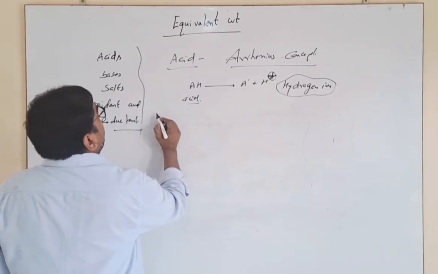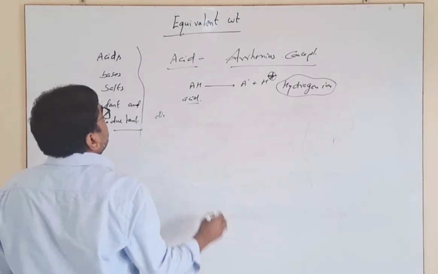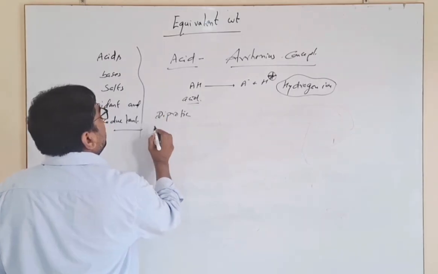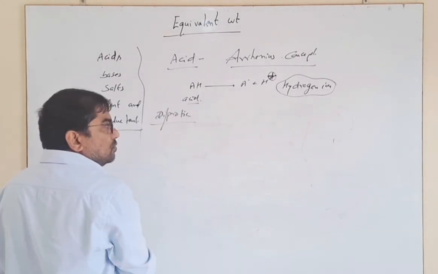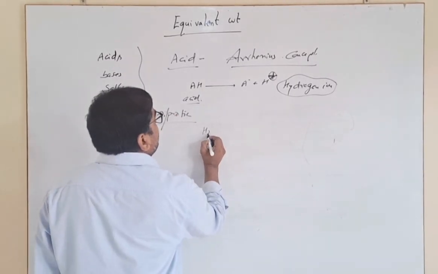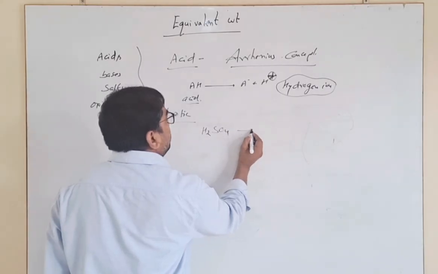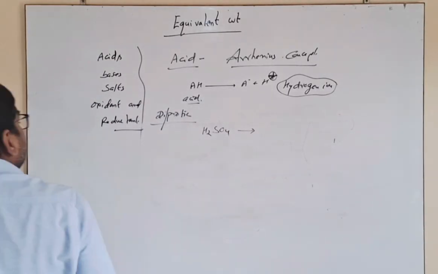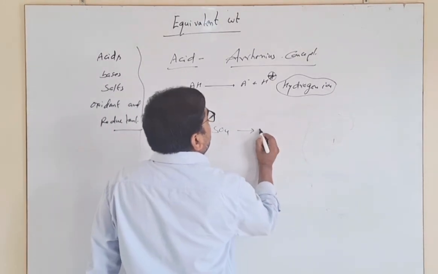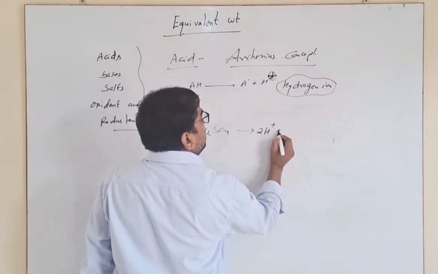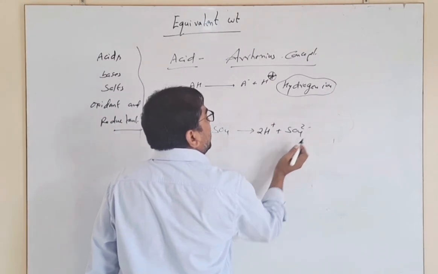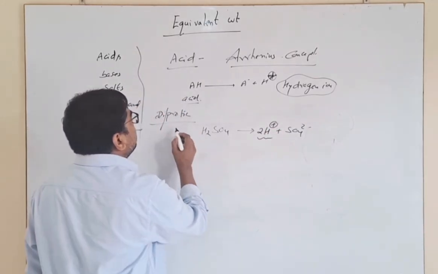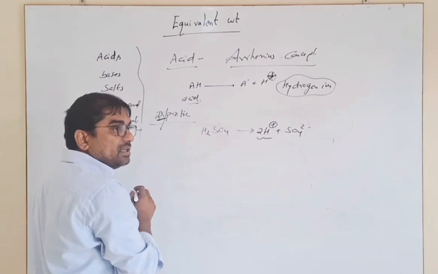Now after monoprotic, diprotic. Di, it's clear from the name, diprotic means two, like H2SO4, sulfuric acid. When sulfuric acid dissociates, it dissociates as 2H plus and SO4 2 minus. Since 2 H plus ions are released, it is a diprotic acid.